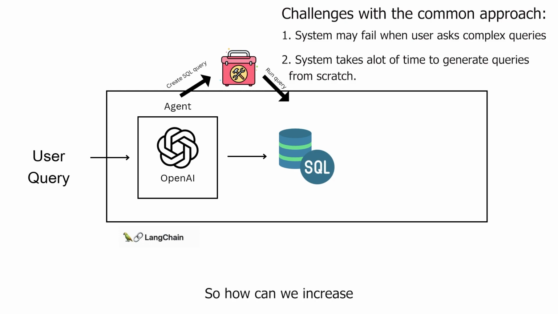So how can we increase the speed of our agent? How can we do that rather than it having to create SQL queries from scratch? How can we provide it with a set of common user queries and the relative SQL queries, so it doesn't have to generate one from scratch but can just refer to the pre-existing ones?